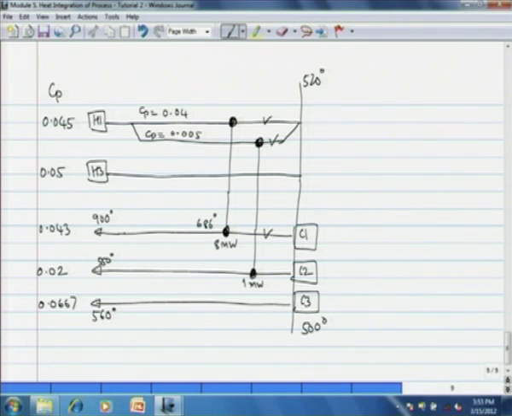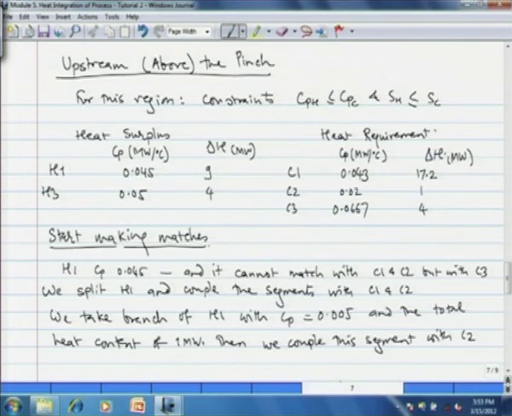Now, we are left with one hot stream H3 and second cold stream C3. Okay. Now, if you look at the heat capacity and the requirement, H3 has a heat capacity of 0.05, which is lesser than 0.0667.